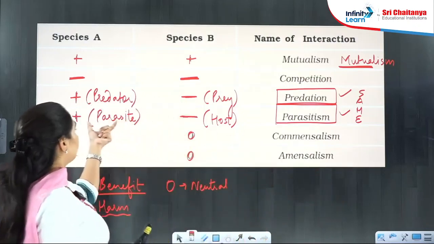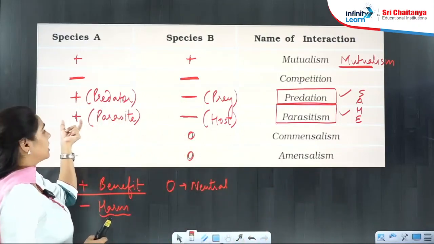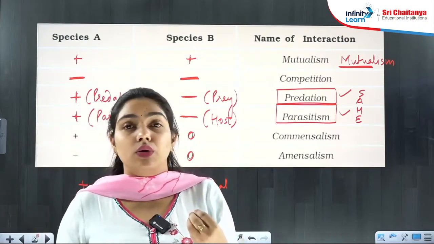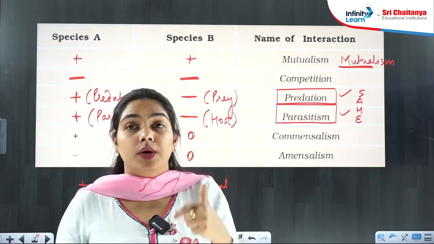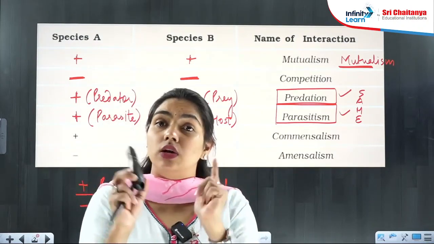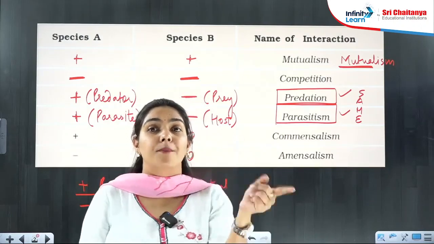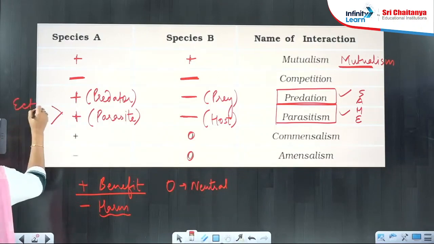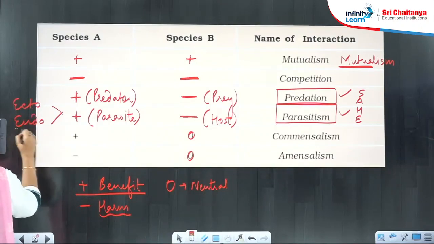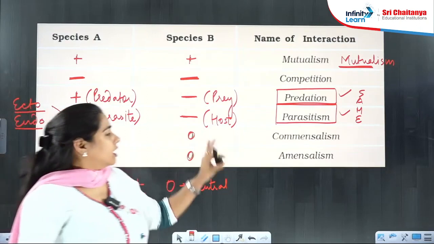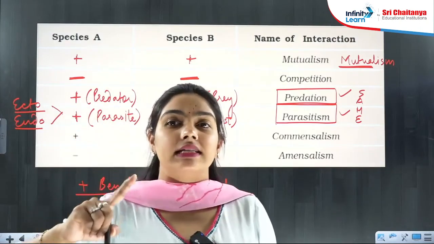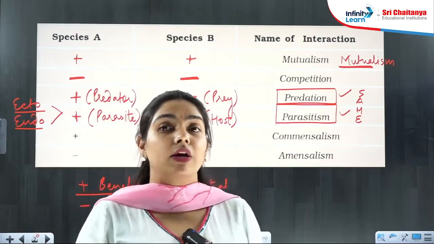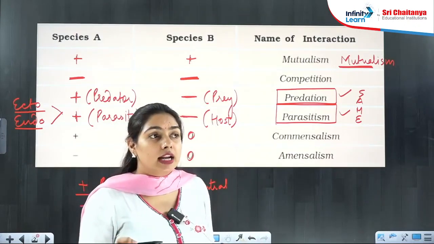So parasite is getting the benefit. It is getting the food, and the space to live in the host or upon the host. So these parasites can be ecto or endoparasites. You understood predation and parasitism are the same, but in predation, one is called predator and one is called prey.